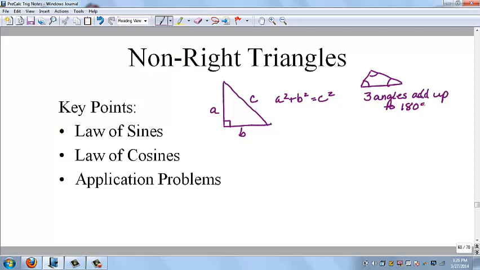Now, to refresh your memory, recall that the hypotenuse of this right triangle is the longest side of that triangle because it's across from the largest angle.